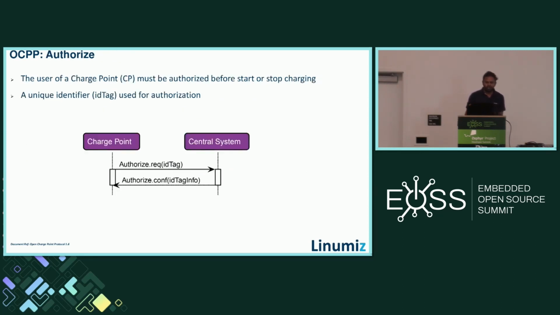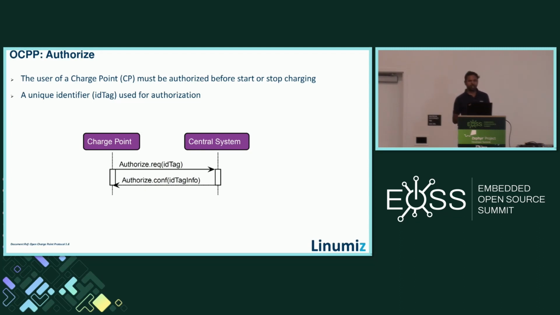Okay, when the user wants to get access to the charging station, first he has to get authorized. A unique identifier is used for the authorization purpose. This unique identifier is read from the access card using RFID on the charging station.